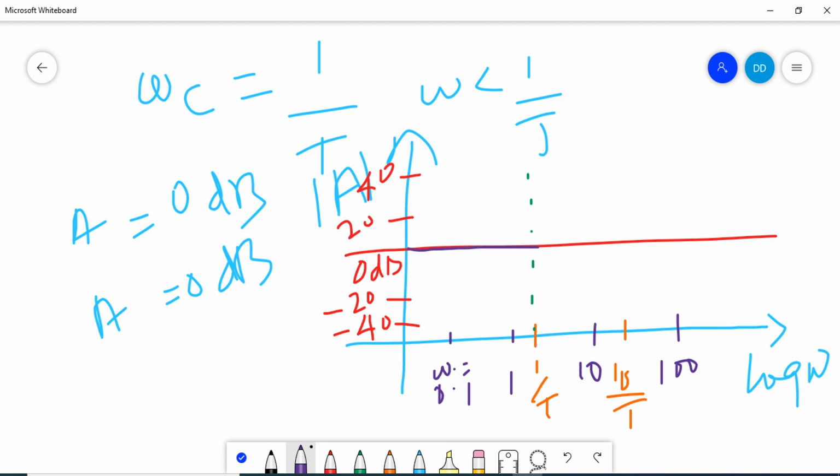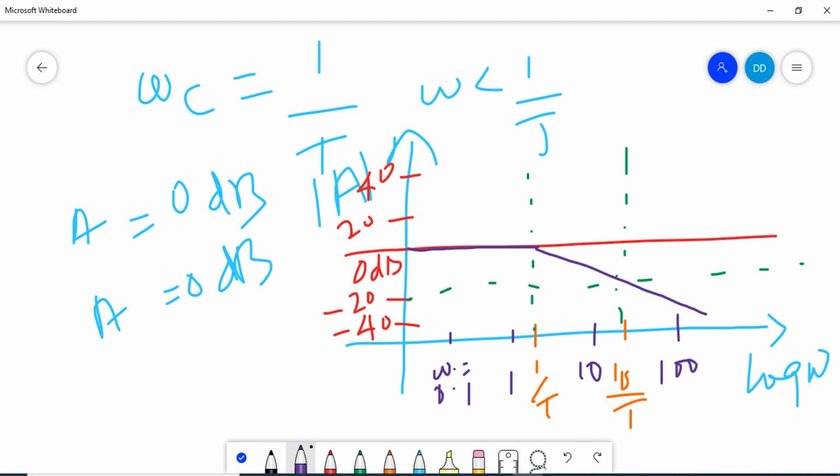After that, it is a slope of minus 20 dB per decade. So to minus 20, I'll draw a line, and to 10 by t, which we have considered, I'll draw a line with the slope of minus 20. So this will be my approximated straight line.